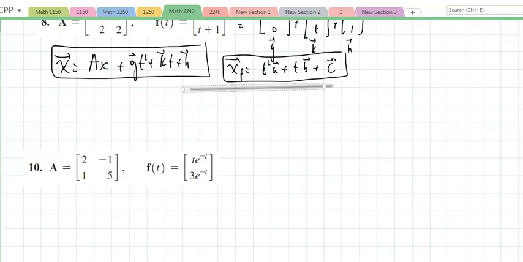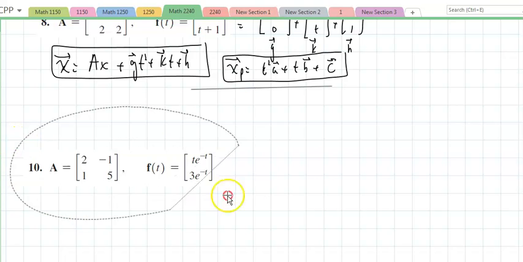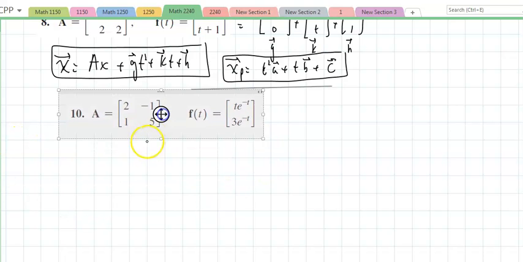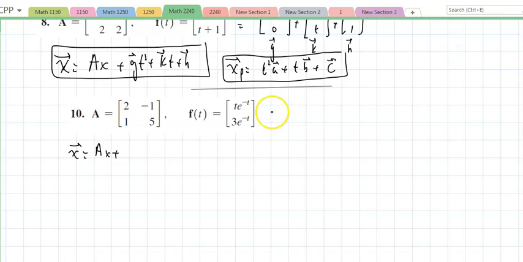And on number 10, the same deal. I want to work this out. This is, again, just writing the form. And again, those are kind of long. X prime is going to be AX plus, and let's see what this is. Wouldn't you say this is T times e to the negative t plus 0.3 times e to the negative t?